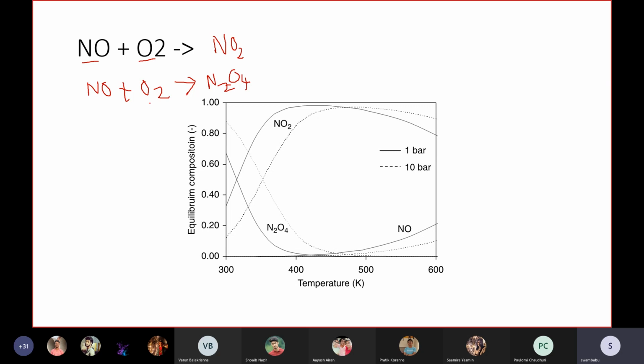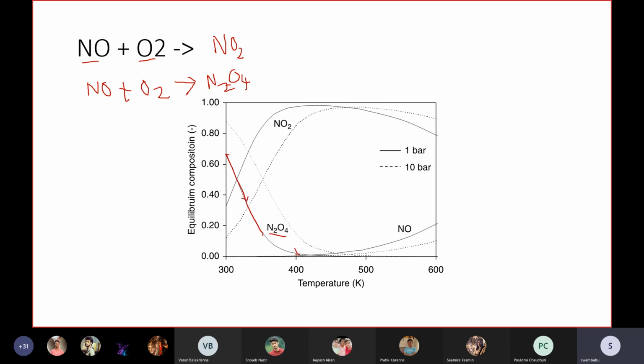Now, if you see the equilibrium studies at different temperatures and different pressures, at low temperatures N2O4 formation is higher. See, this is the N2O4 curve.